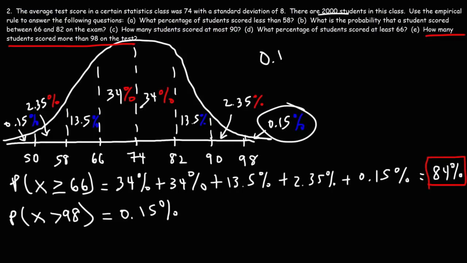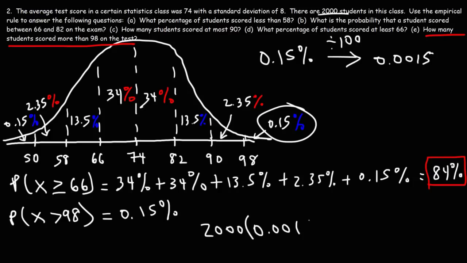So first, let's convert this into a decimal. As we said before, to change a percentage into a decimal, divide by 100. So 0.15 divided by 100 is 0.0015. So what we need to do is multiply 2,000 by that number. 2,000 times 0.0015, that's going to give us 3.